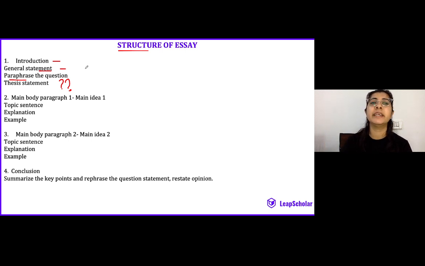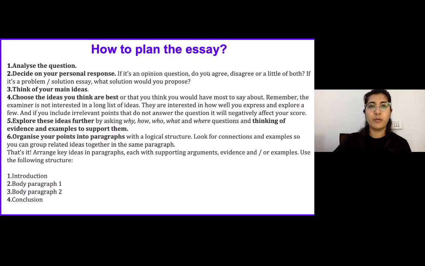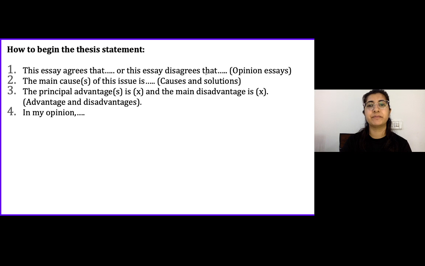So I would in my rough sheet write just environment. In slang, you can use that because this is your rough sheet. Nobody's going to look at it. Environment is, let's say, I would write facing a threat, so that I don't forget it when I'm actually writing the essay. Perfect. So this is actually how my rough sheet would look like.